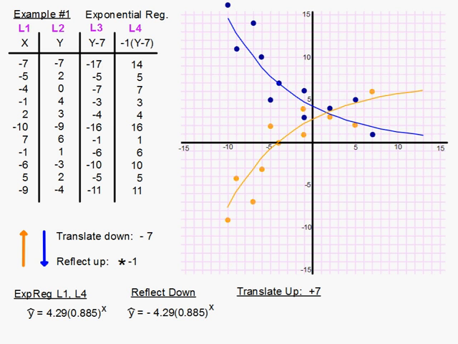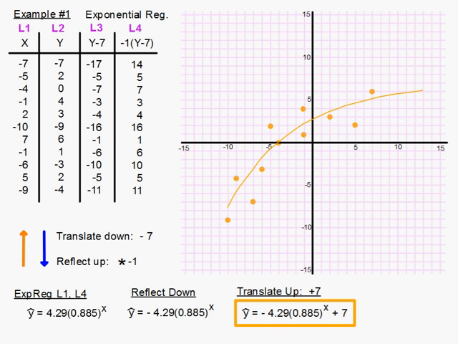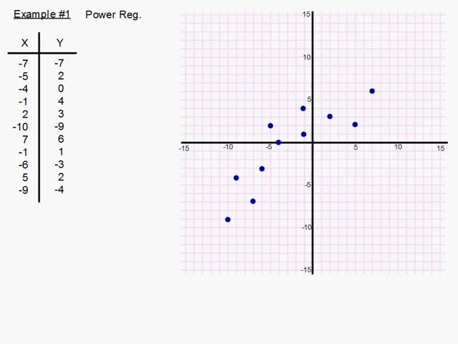And you can see that's going to move our equation up and fit our original data hopefully very nicely. And we do that with this k value. This +7 is our translating up. And getting rid of the transformed data, you can see it actually seems to fit fairly nicely. And that's our regression.